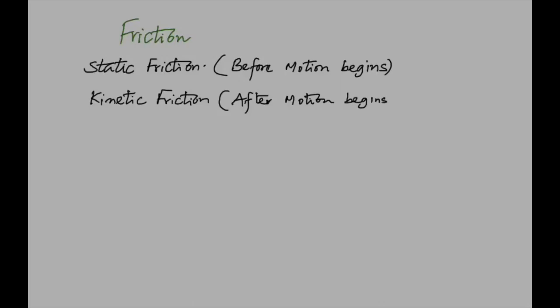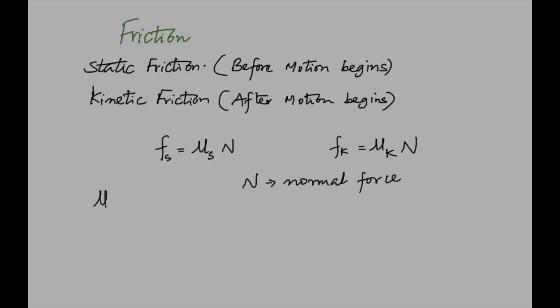And the two formulas are similar, except for the difference in the constant. So we have static friction given by mu s times N, where N is the normal force, and you have kinetic friction given by mu k times N. Now, these are the two constants. Mu s is called the coefficient of static friction, and mu k is called the coefficient of kinetic friction.